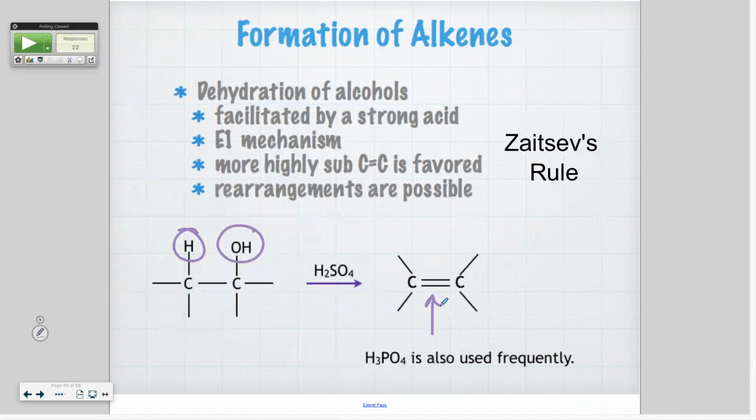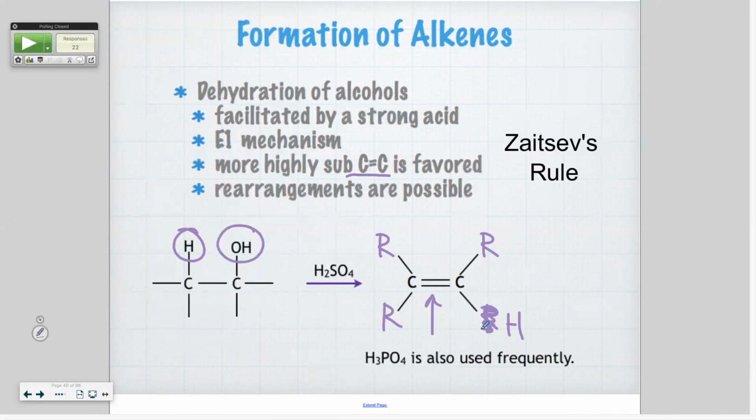Okay, the more highly substituted double bond is favored. The more highly substituted. Okay, that's how many R groups are here. If you had 4 R groups, it would be considered tetrasubstituted. Okay, if you had only 3 R groups, it would be trisubstituted.